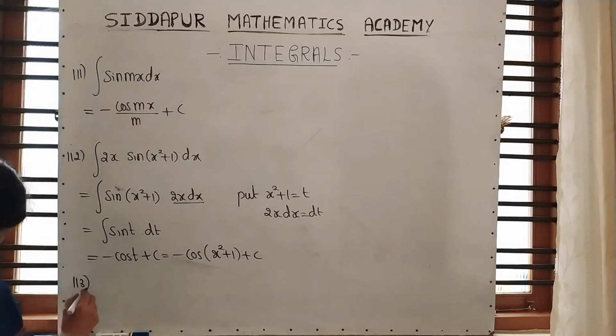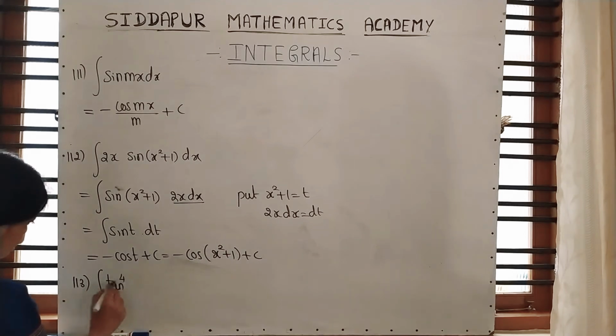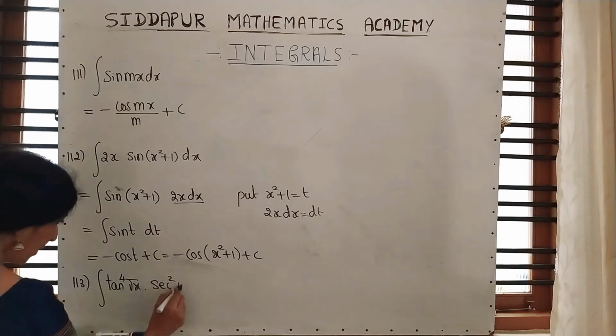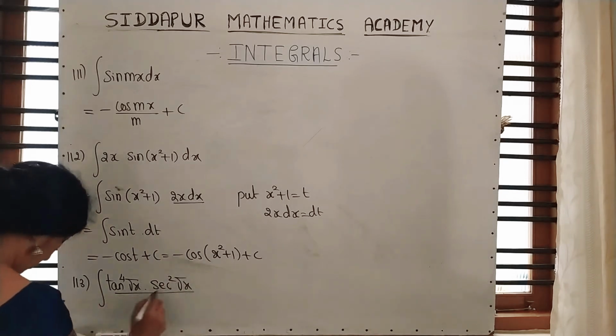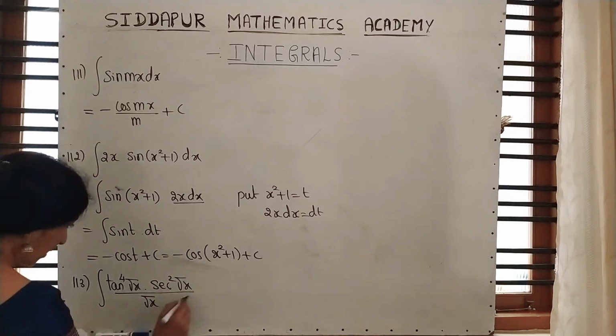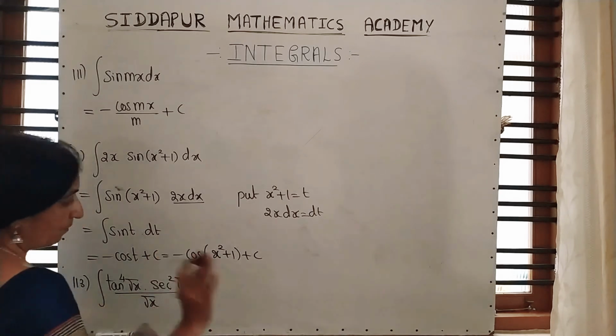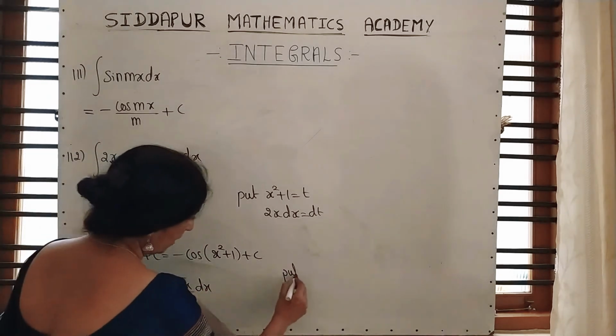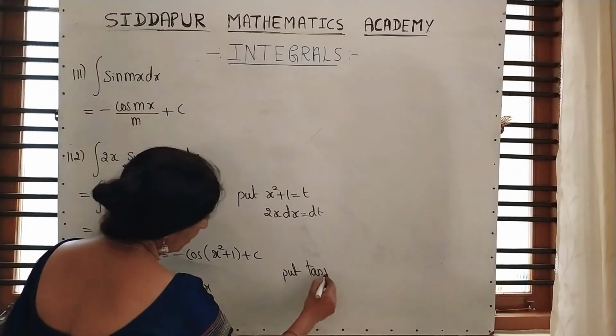Next problem. Tan raised to 4 root x, secant square root x divided by root x. Again, it depends on your basic knowledge of differentiation. Here I am writing tan root x as t.